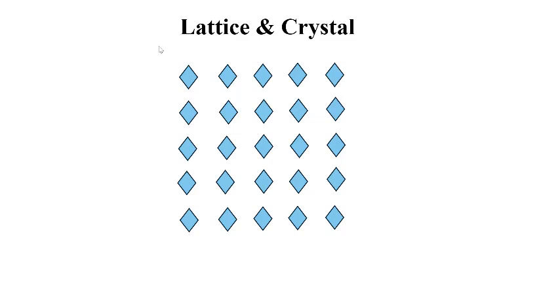Okay. If you really want to define the structure or this pattern, you need to assign a point to a particular position in this diamond pattern. So let us consider the center of these diamonds as that point, that position.